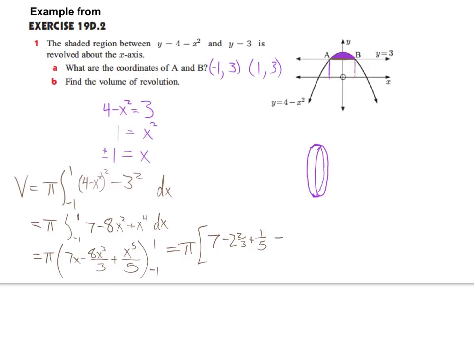Minus, if I plug in -1, it's minus 7. -1 cubed is still -1, so minus a -8/3 is a plus 2 2/3. And then -1 to the 5th is -1, so it's minus 1/5.